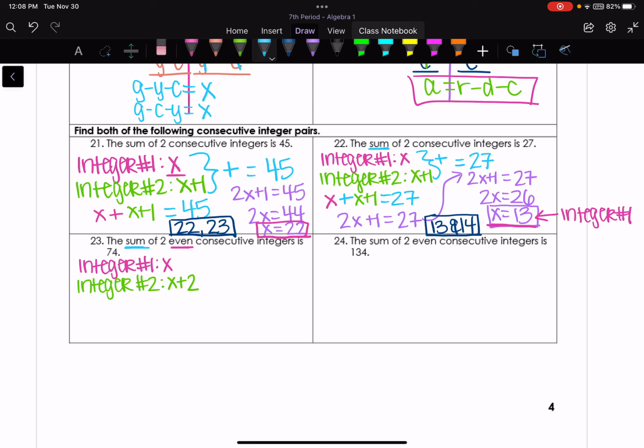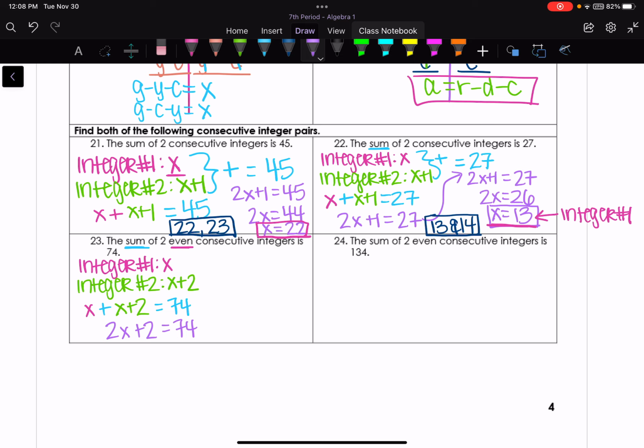Now, we still know that we are going to add these two numbers together, and it's going to equal 74. So if we write this as a mathematical equation, we've got x plus x plus 2 equals 74. Now I'm going to combine my like terms, and I get 2x plus 2 equals 74.